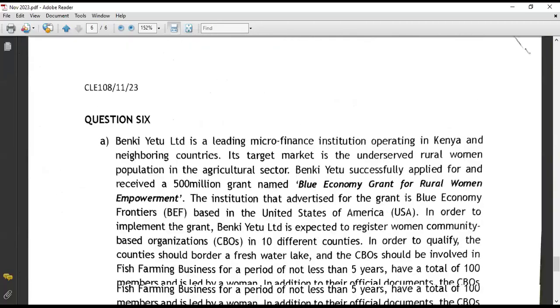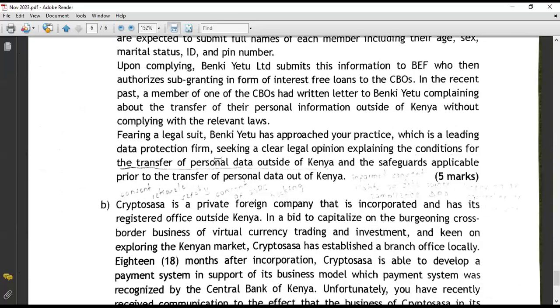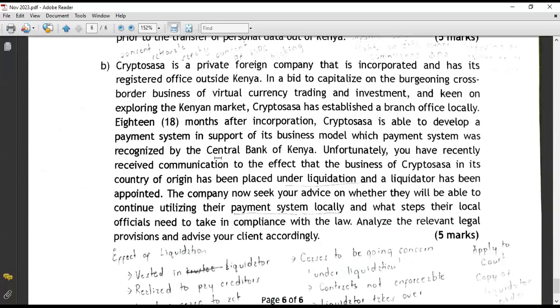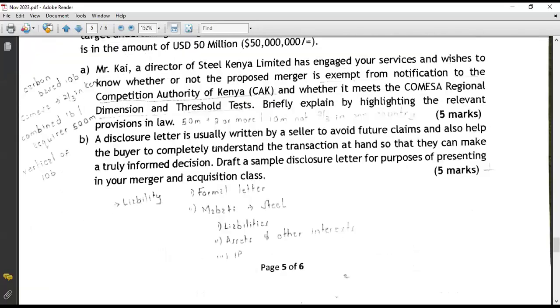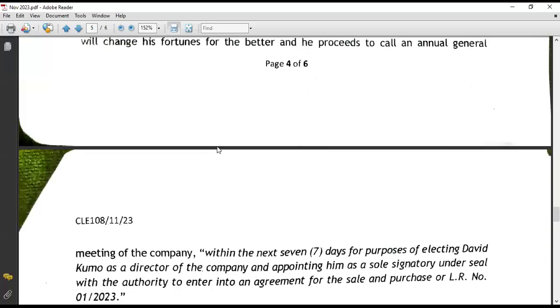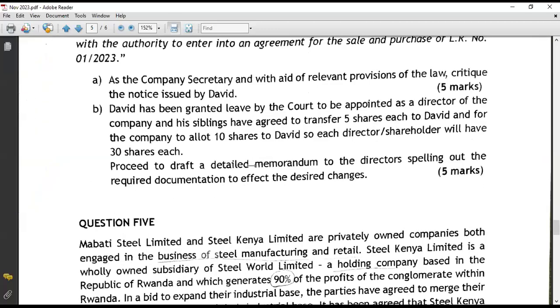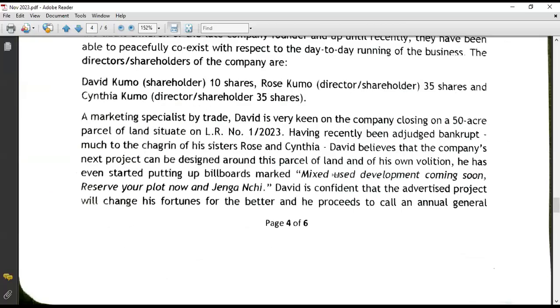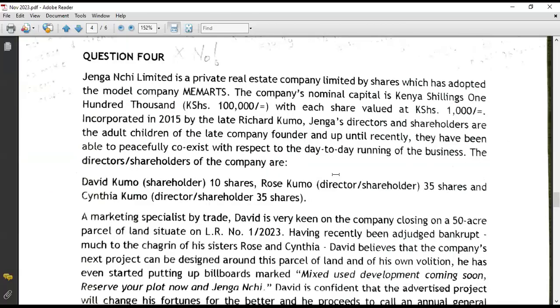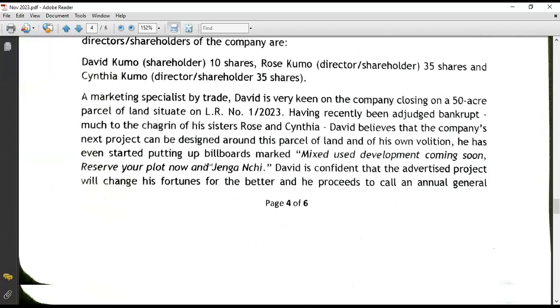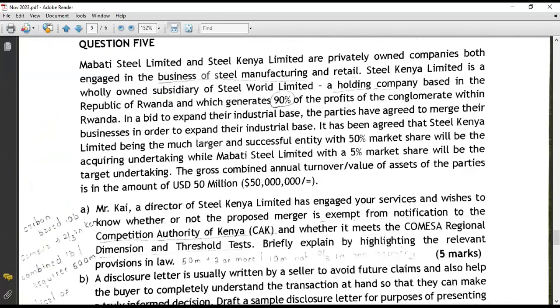It had a security rights agreement. Now this is a disclosure. Draft a detailed memorandum, that is another drafting. So they're asking a lot of drafting, and drafting commercial agreements is one of the topics. So expect more drafting coming. So, disclosure letter.